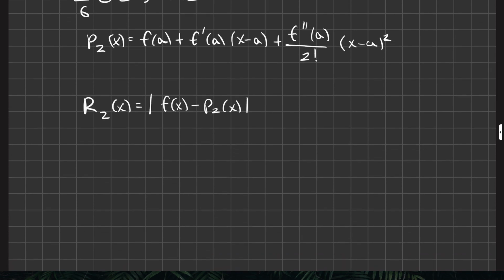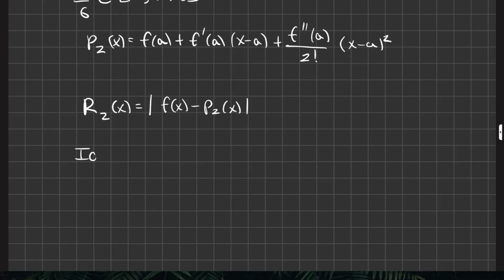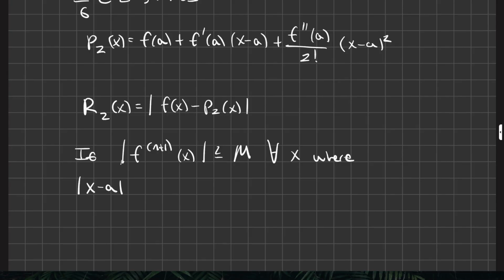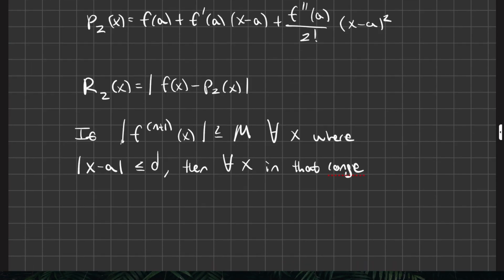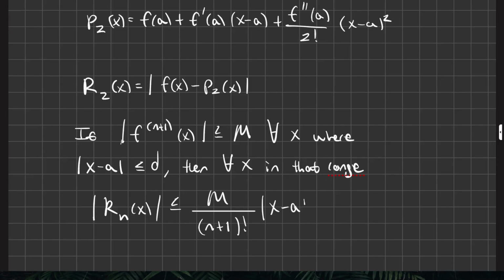Okay, so Taylor's inequality from your book tells us that if the absolute value of the n+1 derivative of f evaluated at x is less than or equal to some number that we're calling capital M for all x where the absolute value of x minus a is less than or equal to some value that we don't know yet, but we're calling little d, then for all x in that range we have the following inequality: the absolute value of Rn of x is less than or equal to M over n+1 factorial times the absolute value of x minus a to the n+1 power.